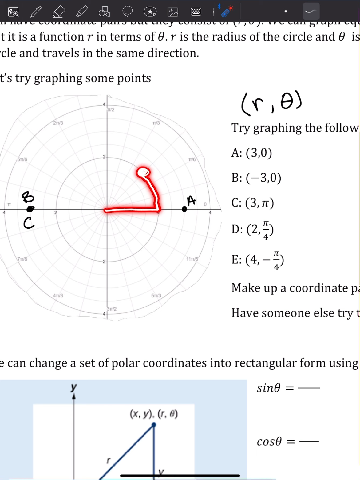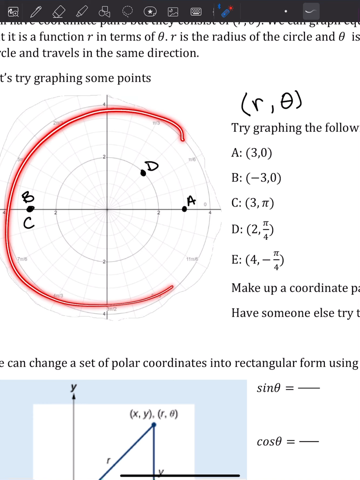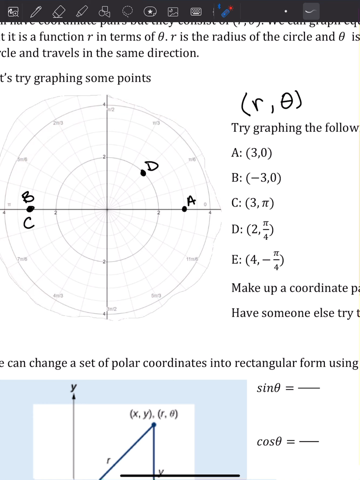It's at a 45-degree angle, so I'm going to be looking at a point right here. And then our last one, E, is (4, negative pi over 4). So for 4, we're on that circle of 4. And then we want to go negative pi over 4, so in the negative angle direction, which is going to be this direction, but we still go pi over 4. So we're going to be right here.